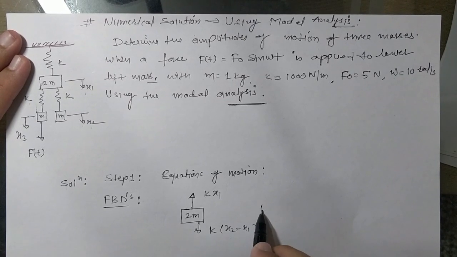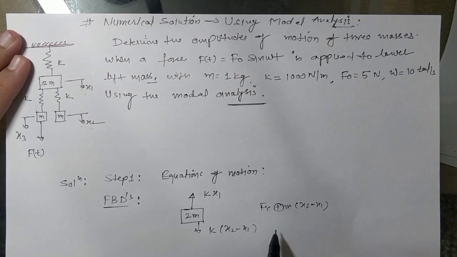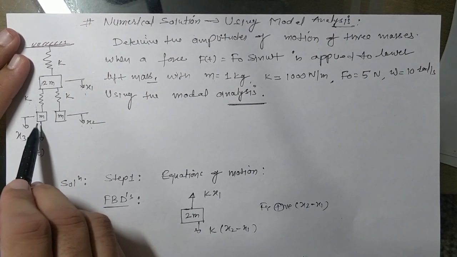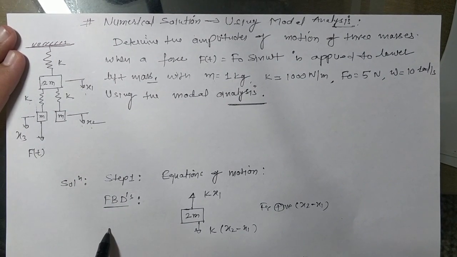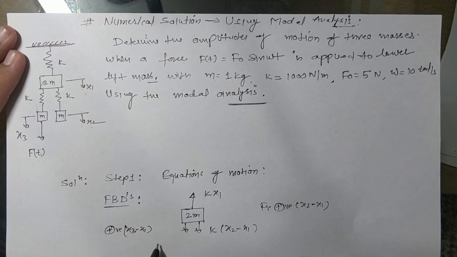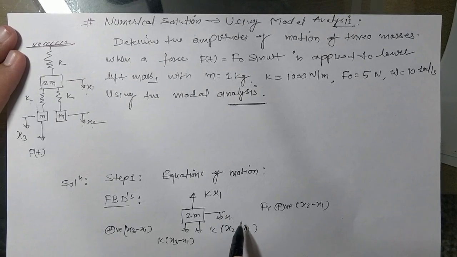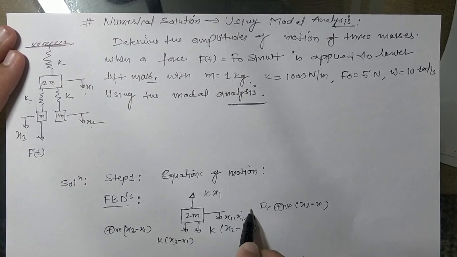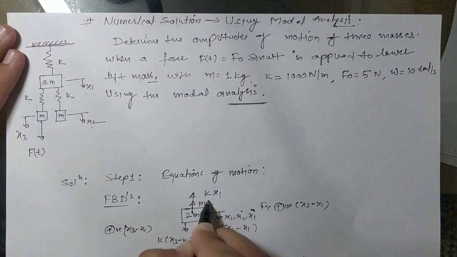Similarly there would be one more force because of this spring. If we take x3 minus x1 as positive, this would be a force k times (x3 minus x1). And if this is the direction of x1, x1 dot, x1 double dot, then there would be one more force, the inertia force, in the direction opposite to x1 double dot. So this would be the direction of m x1 double dot.